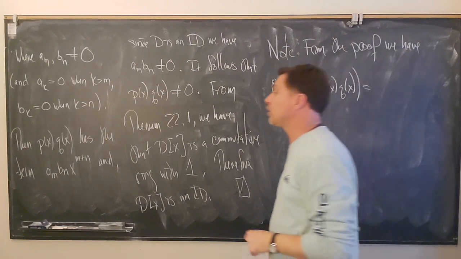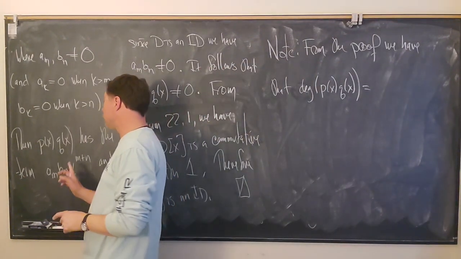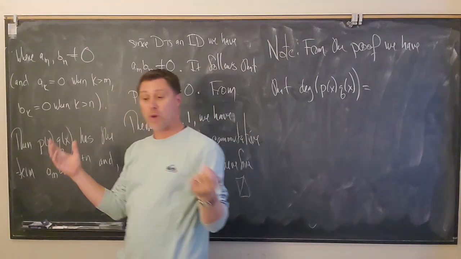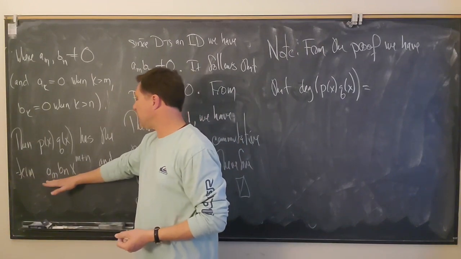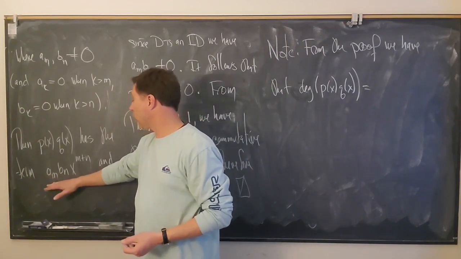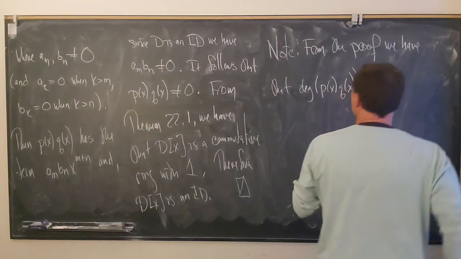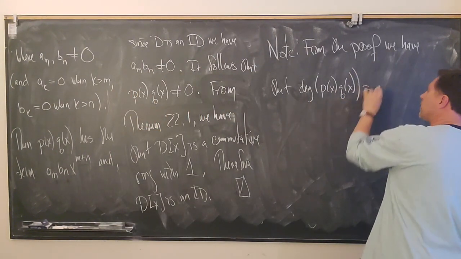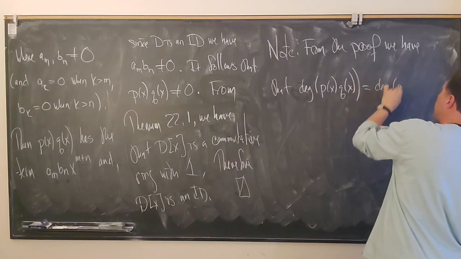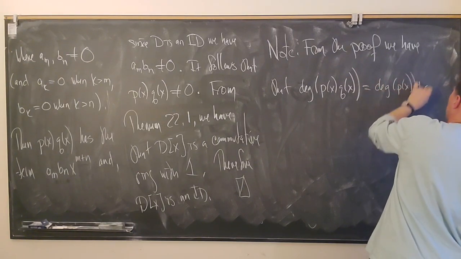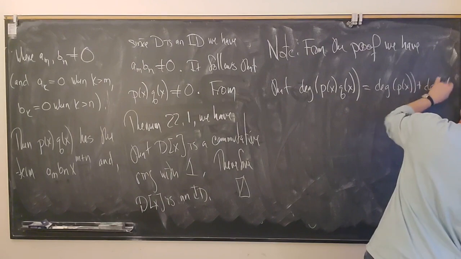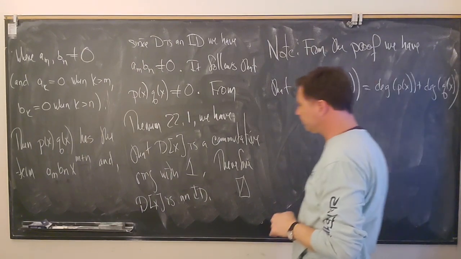Notice we had degree of p equal to m, degree of q equal to n, and when you multiply this out, this would be the term of highest power. So the degree is m plus n, which means that it's additive in this sense: the degree of p of x plus the degree of q of x.